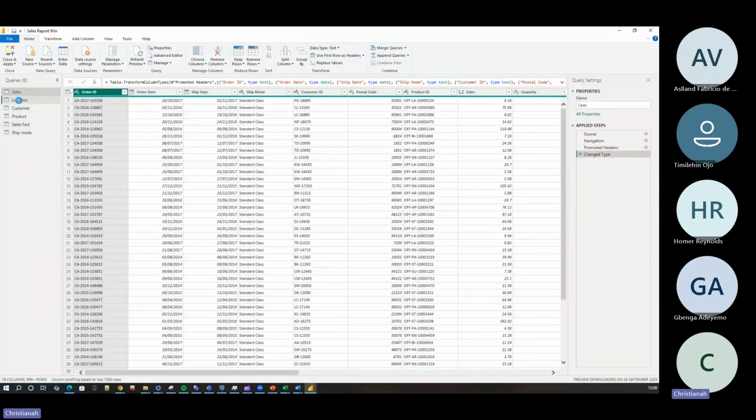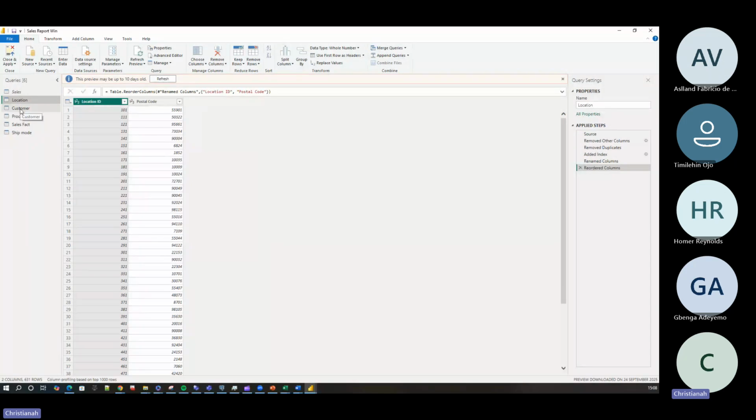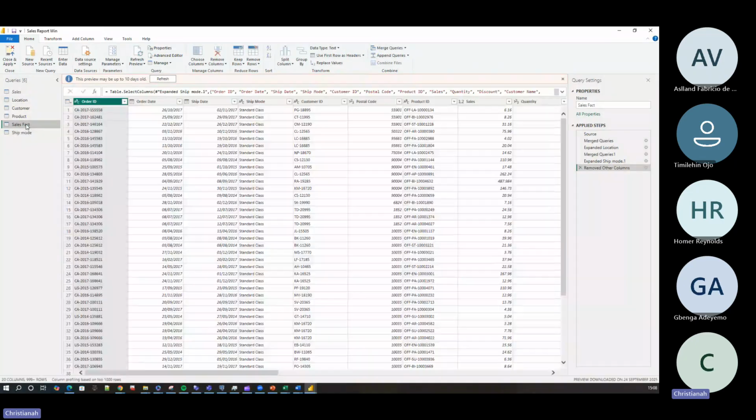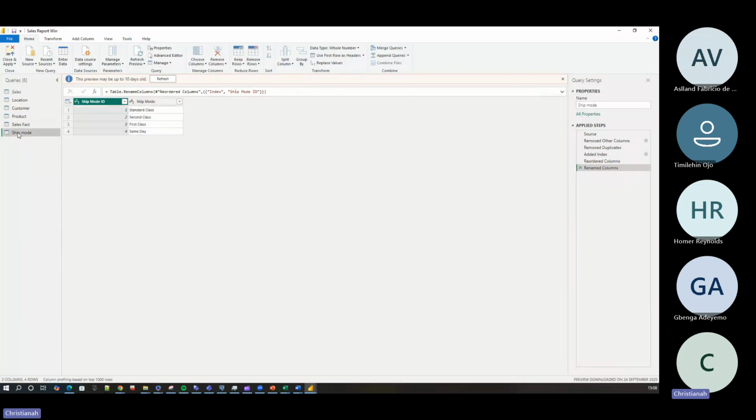From there, I created the location, the customer table, the product table, then the sales facts table, where I had to remove all of the information that I have present in the other tables so that I don't have duplicate data on my sales facts. I did that by using the choose column option to choose the ones I needed, and then created the ship mode. After I finished that, I closed and applied.